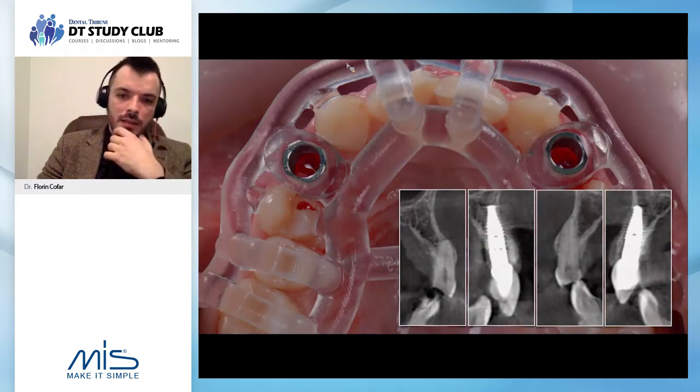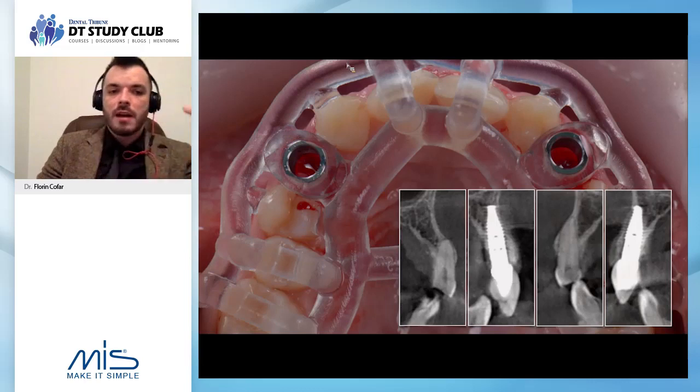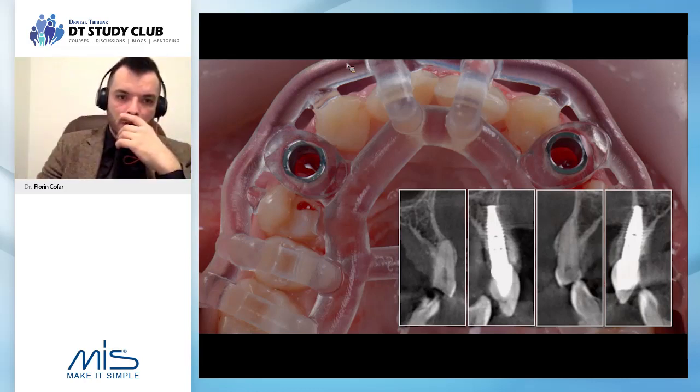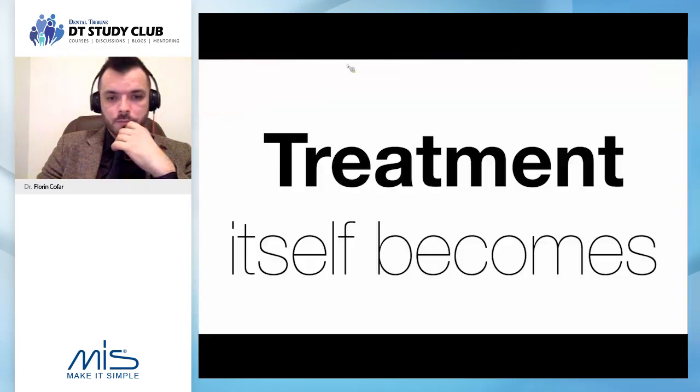And you can see in cases like this how important it is to use it. Not to mention that now it's not something that is hard to find. I mean, there's plenty of options, and of course they vary, but specifically the one that I'm showing you now, the M Guide from MIS, I think it's a very simple and a very, very good option.